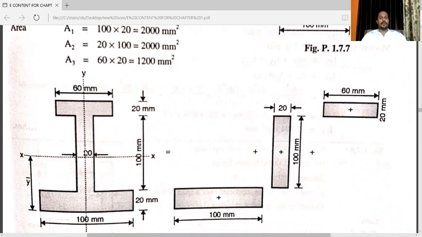Again, the same for the second rectangle and the third rectangle, because the YY centroidal axis passes through the centroid point of the first, second, and third rectangles. So while calculating Iyy, the H1, H2, and H3 distances will be 0. That is a very important thing in this diagram.